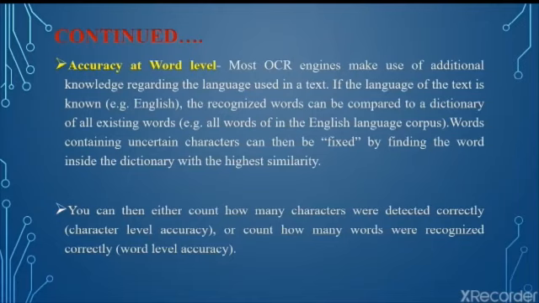So the basic difference between these two accuracies is that in character level accuracy, we can count how many characters were detected correctly, and on the other hand, for word level accuracy, we can determine how many words were recognized correctly.